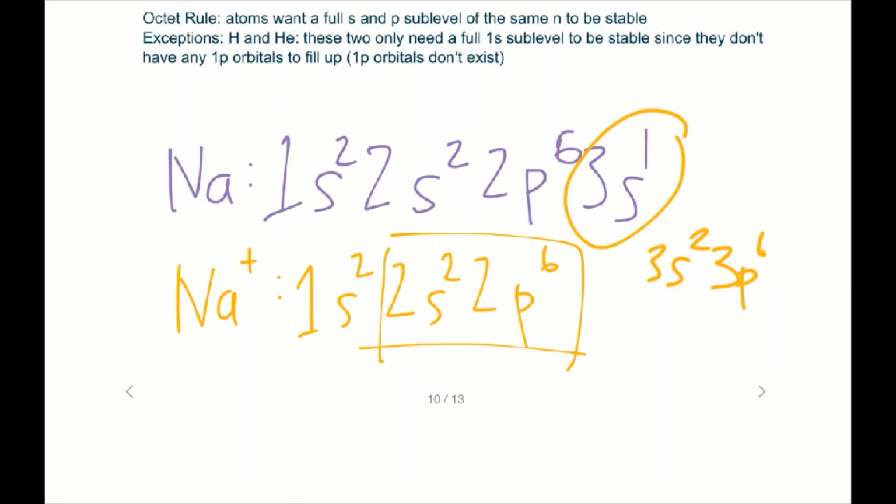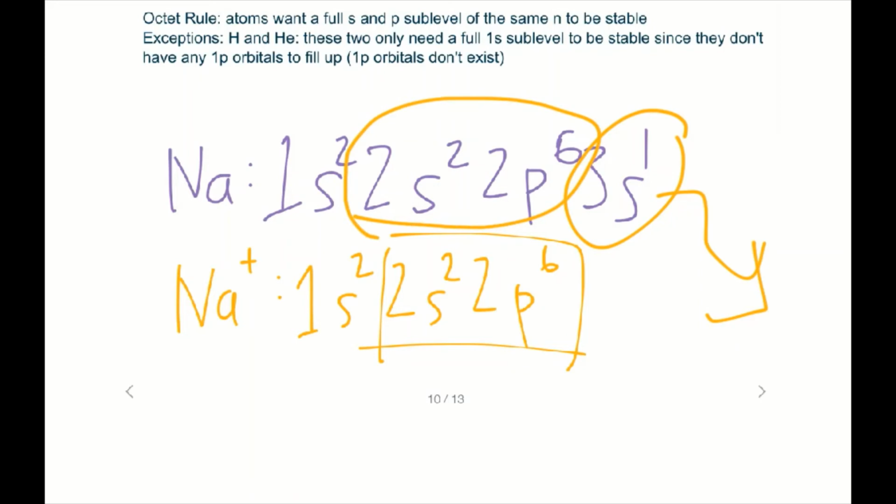Well, no, because that would mean it has to gain 7 more electrons, and that's pretty difficult for something like sodium. So what if sodium just lost an electron? If it loses an electron, look at that. Its outermost shell, or sublevel, is now completely filled because 2s2, 2p6 is completely filled.